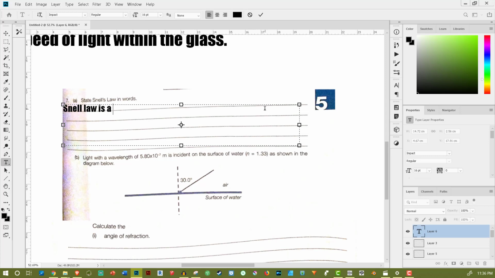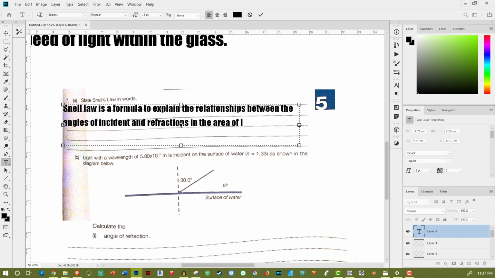So in my description, the nose law is a formula to explain the relationships between the angles of index and refractions in the topic, in the area of light waves, when traveling between two mediums.